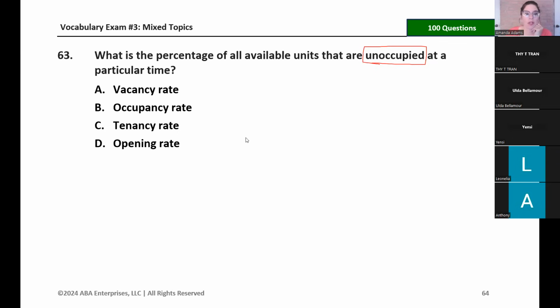That would be your A, vacancy rate. Vacancy rate, okay? So what would be the opposite of a vacancy rate? Vacancy rate is unoccupied. So what would be a rate that shows the percentage of units that are occupied? That would be the opposite. That would be your occupancy rate. Very good.